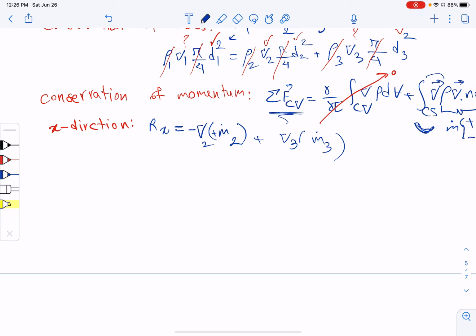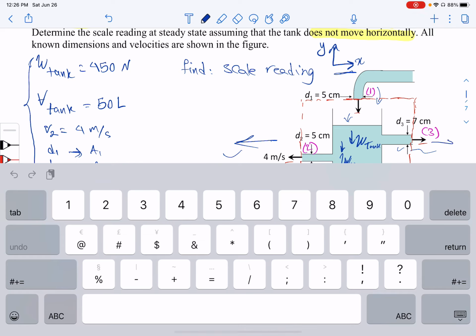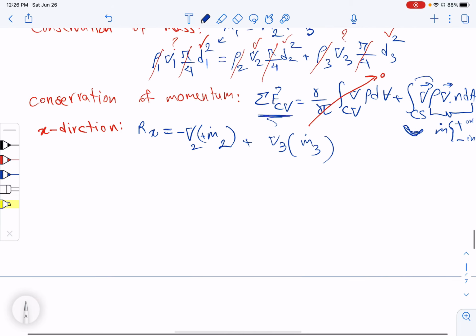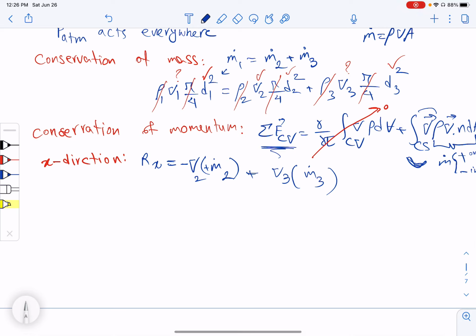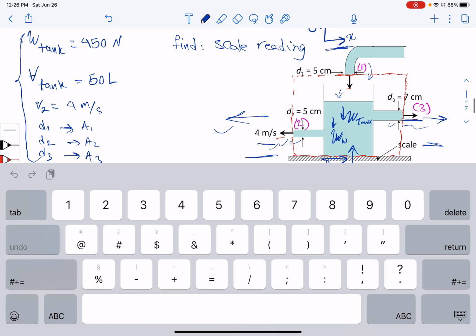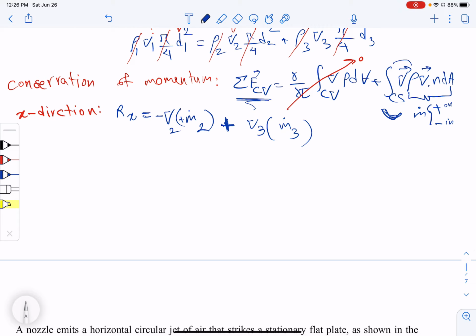V3 is in this direction, positive with the x direction, so it has a positive sign. And m dot 3 is outflow, coming out of section 3, so it's positive again. So this is what we have.